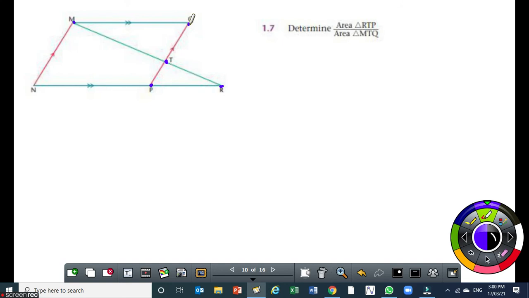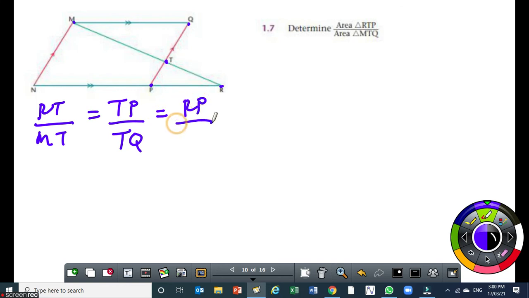So I'm going to start by saying, we've got RTP, so I'll say RT over MT is equal to TP over TQ. This is equal to RP over MQ.